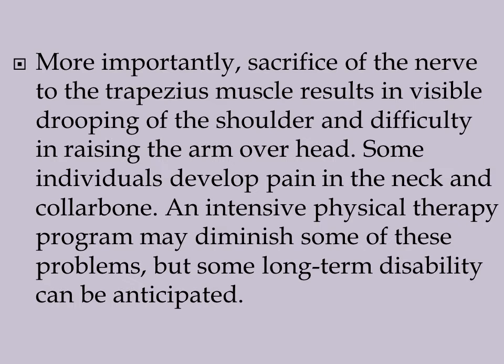More importantly, sacrifice of the nerve to the trapezius muscle results in visible drooping of the shoulders and difficulty in raising the arm overhead. Some individuals develop pain in the neck and collarbone. An intensive physical therapy program may diminish some of these problems, but some long-term disability can be anticipated.